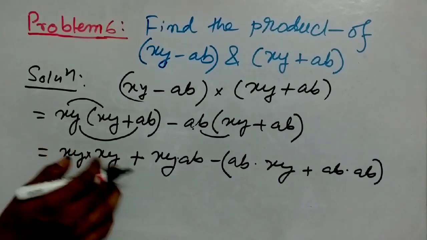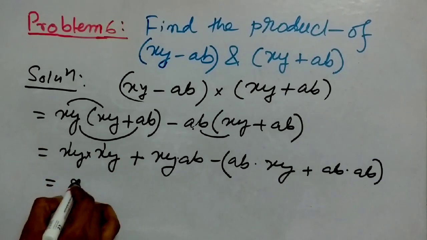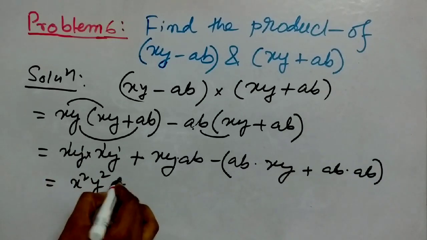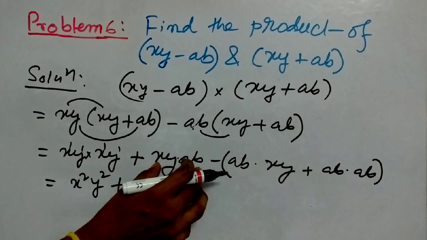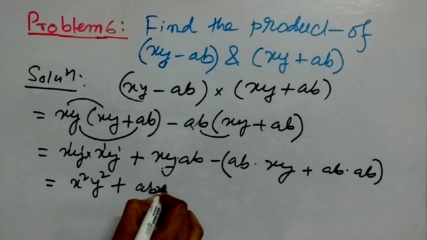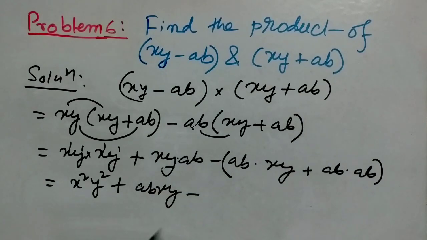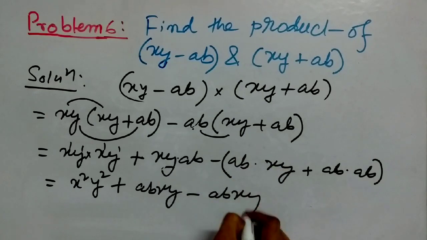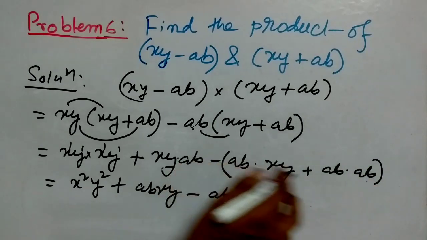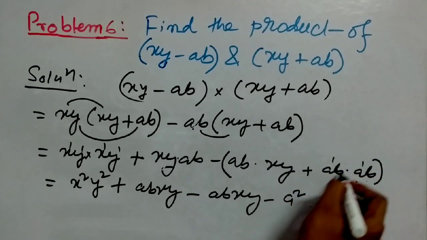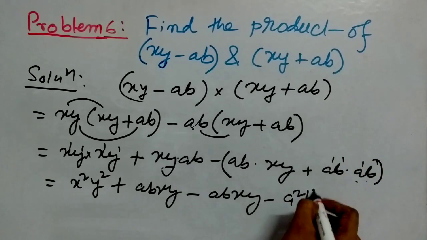Okay, now xy into xy, so x to the power 1, x to the power 1, so x square, y to the power 1, y to the power 1, y square. It is simple. Plus here, there is no like factor, so we will keep it in this way, abxy minus, so it is abxy again, abxy, so let us open the bracket, and it is ab into ab, so minus ab into ab, so a to the power 1, a square, b to the power 1, b to the power 1, so b square.